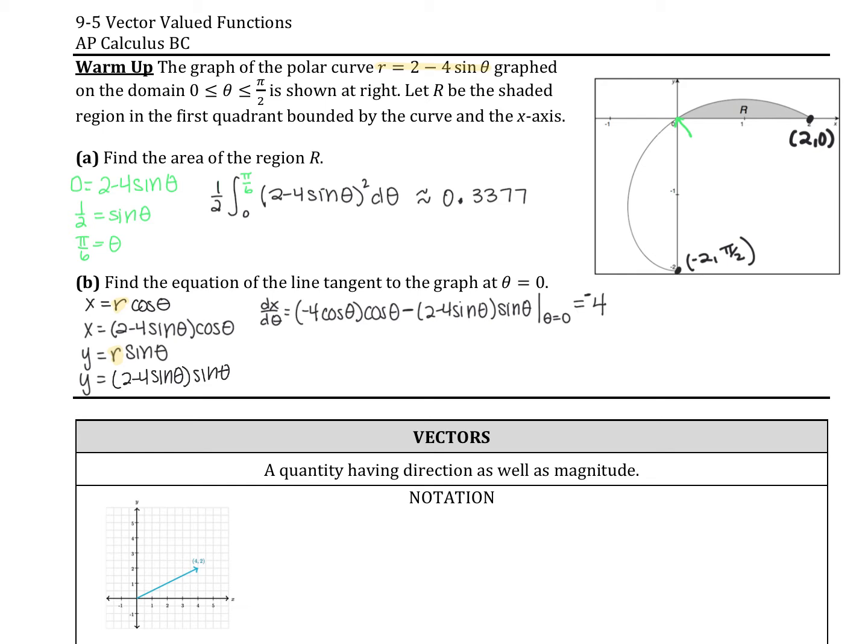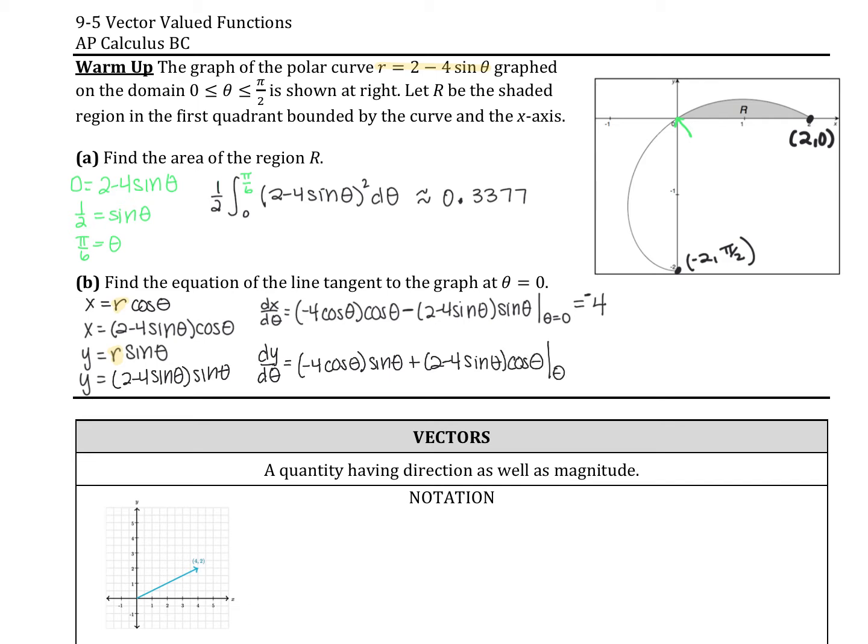I could distribute that sine of theta in, but I'm still going to get just as big of a mess, so I may as well just use the product rule like I did before. So we get dy/d theta equals negative 4 cosine theta sine theta plus (2 minus 4 sine theta) cosine theta, which is the derivative of sine.